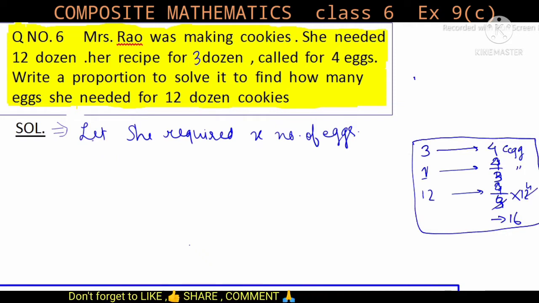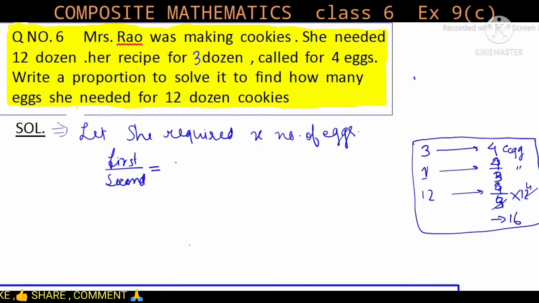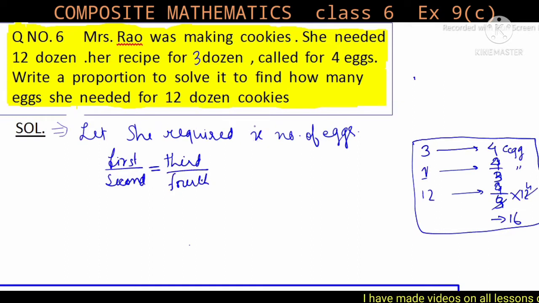So, we have considered that eggs required is x number of eggs. You can write in this way: first term by second term is equal to third term by last term, or fourth term, and we have considered the fourth term as x.